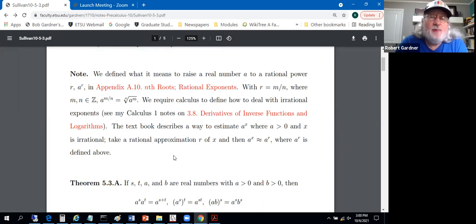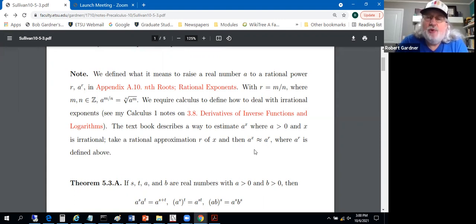What we'll do is take a rational approximation, r, of that exponent, and then say a to the x is approximately a to the r. Computationally, that'll do just fine. Conceptually and theoretically, it's got some weaknesses, but we'll get by in Precalculus 1 with this approach.